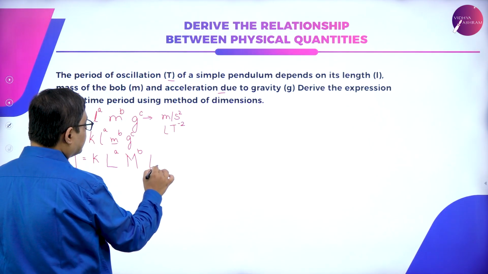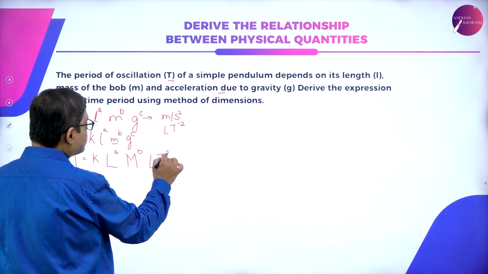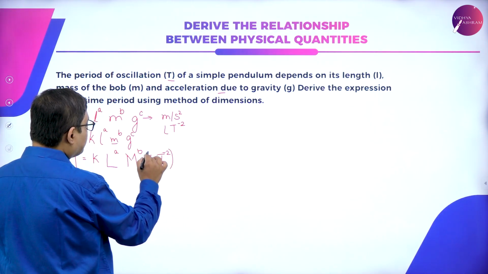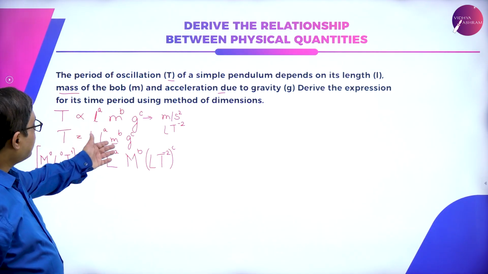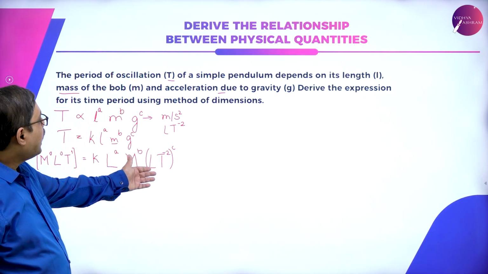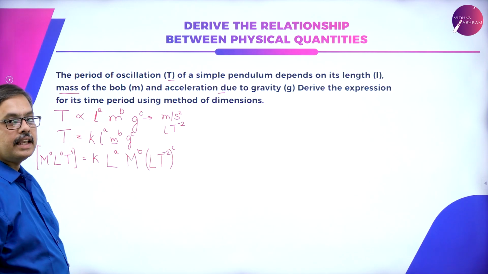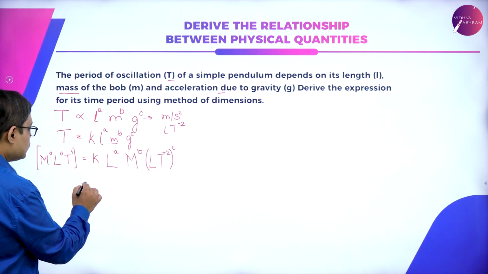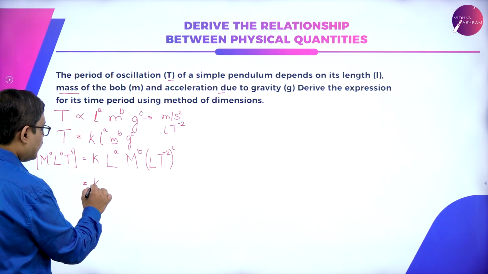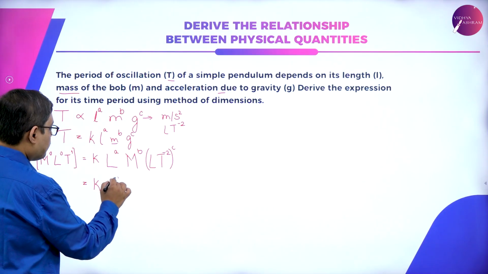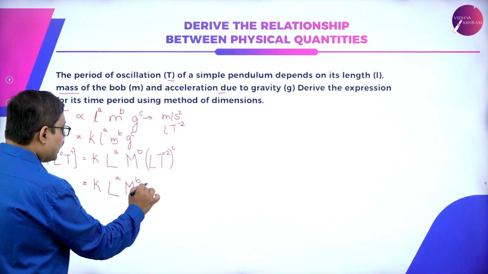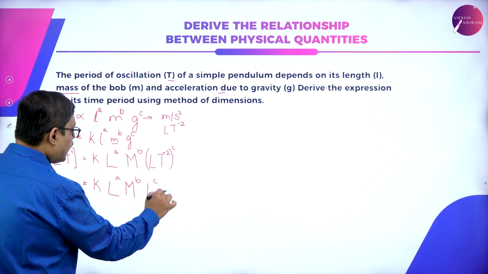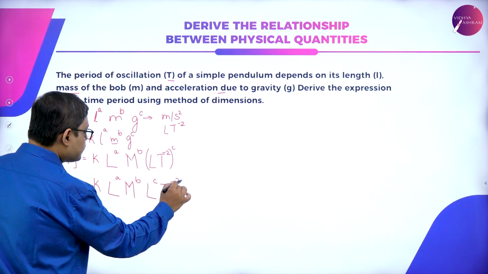So this is length time to the power minus 2 whole to the power C. Okay. So length to the power A, mass to the power B, and gravity to the power C. So this will be equal to K into L to the power A, M to the power B, again L to the power C, and T to the power minus 2C.